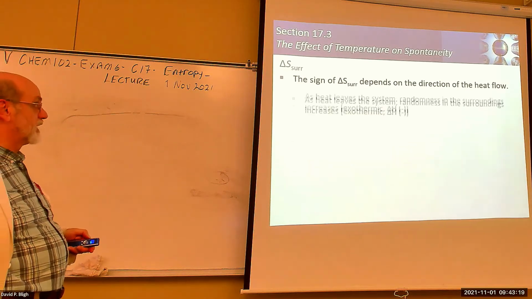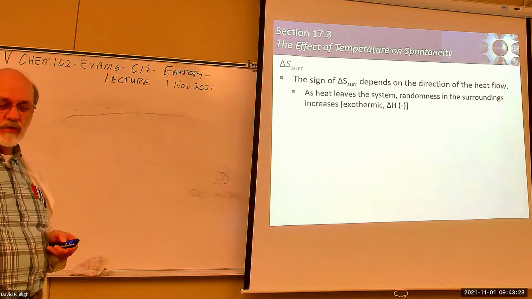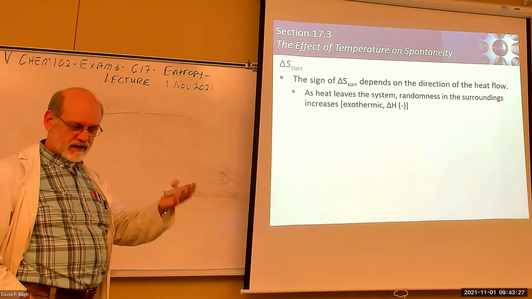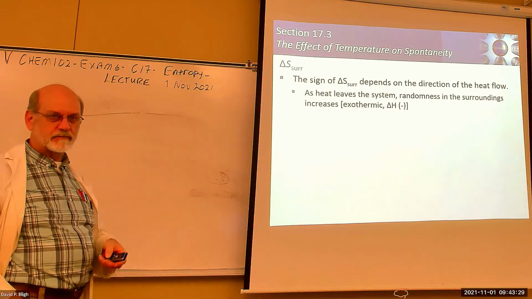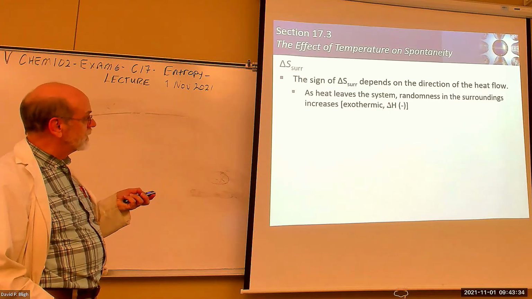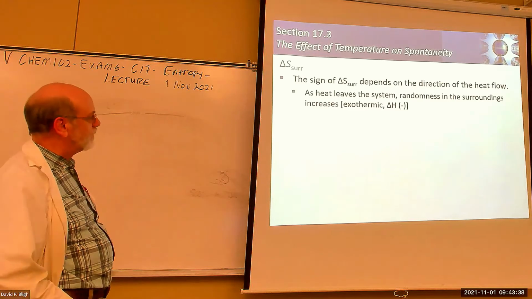Right? Well, that makes sense. What direction is the heat moving? If the heat moves out of the system, then the surroundings are going to become more energy random. So exothermic processes favor randomness in the surroundings. Okay, I'll buy that.